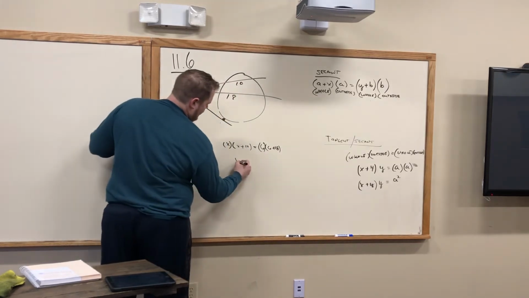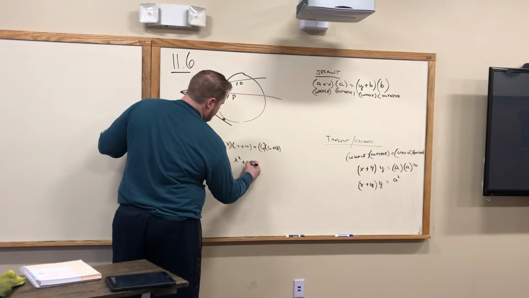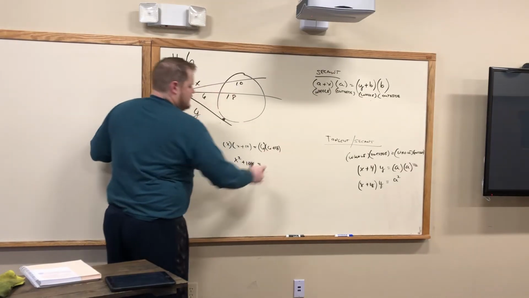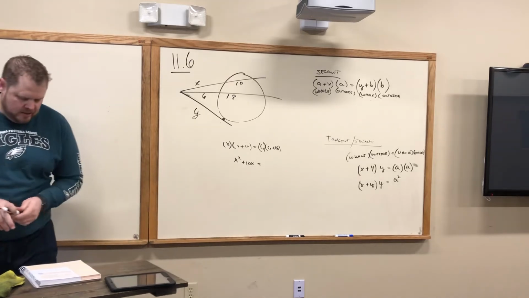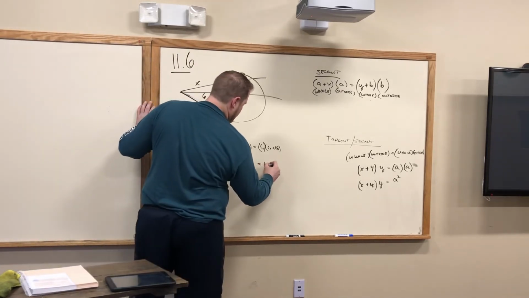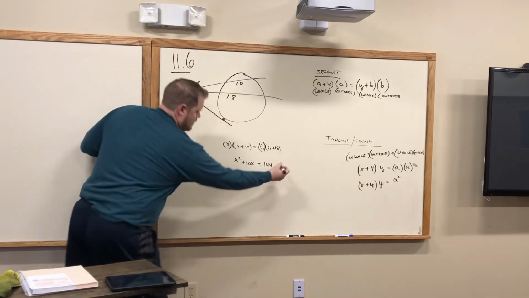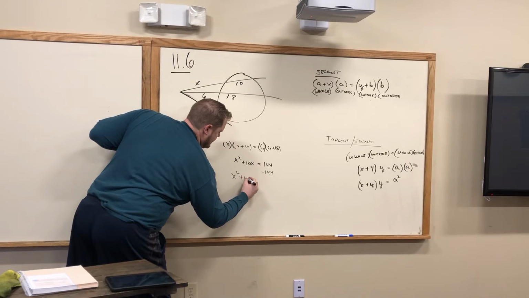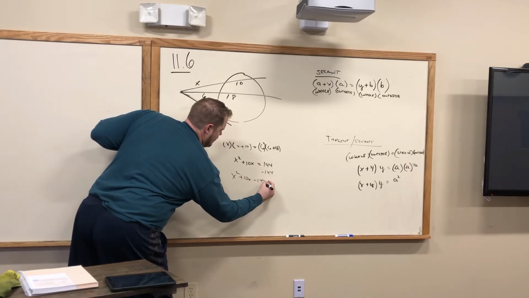So this is going to be x squared plus 10x equals 6 plus 18 is 24. 24 times 6 is 144. Minus 144. So x squared plus 10x minus 144.